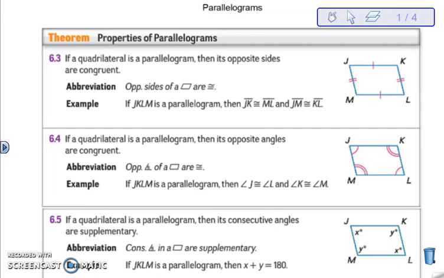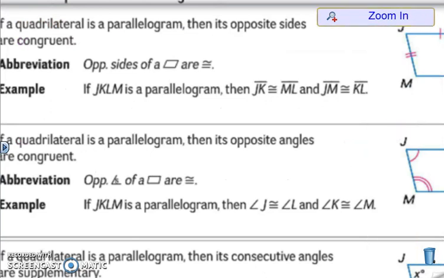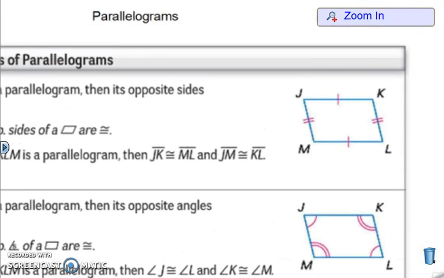So basically a parallelogram is a four-sided figure, so it's a quadrilateral, where the opposite sides are parallel to each other. So if I'm looking at the picture of this first example right here, I know that the sides on the top and bottom are parallel, and then I know the sides on the left and right are also parallel.